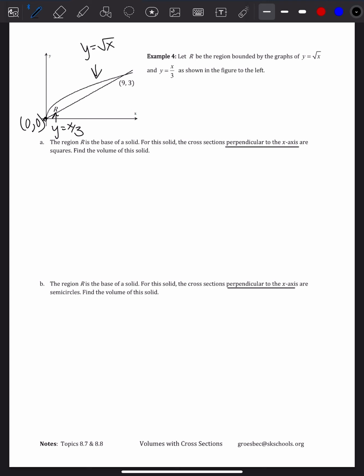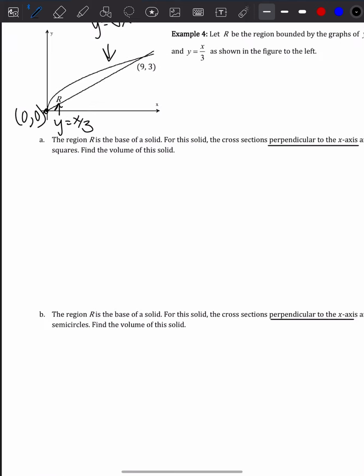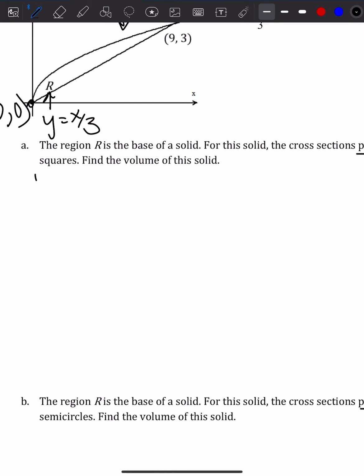It says the region R is the base of a solid. For the solid, the cross-sections perpendicular to the x-axis are squares. Find the volume. So we have squares again, so we know our area is equal to our side length squared. And our side length is based off of the distance between our two functions. Whatever our side length is squared, that's going to be our area function.